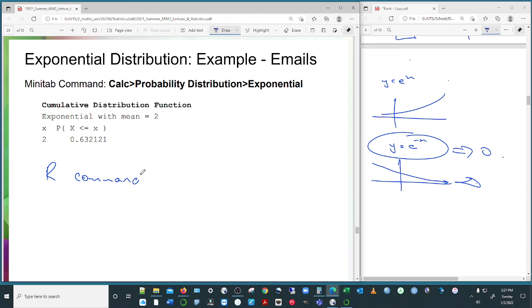We can do this as well. So P will give us the cumulative distribution, there it is. Okay, so P, and this time it's EXP, and Q again, Q for 2, and this time instead of using lambda, they use this thing called rate, and you have to put it in as half.